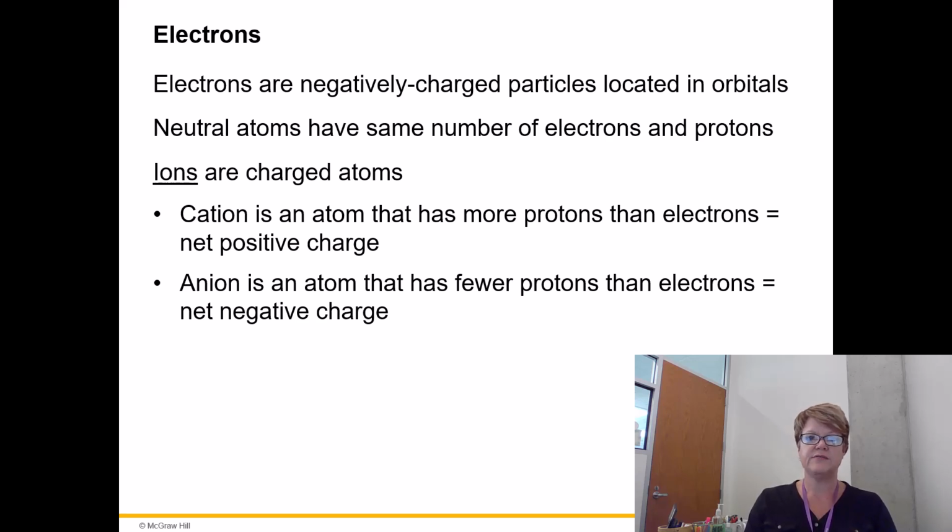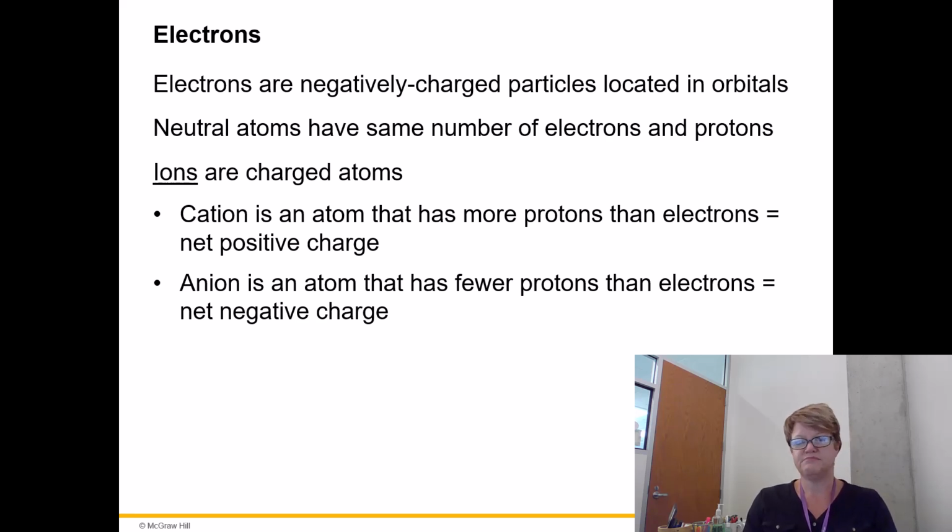If you had an atom that had more electrons than protons, then, for example, if you had an atom that had 9 electrons and 8 protons, then it would have an extra negative charge. So overall, the atom would have a -1 charge.